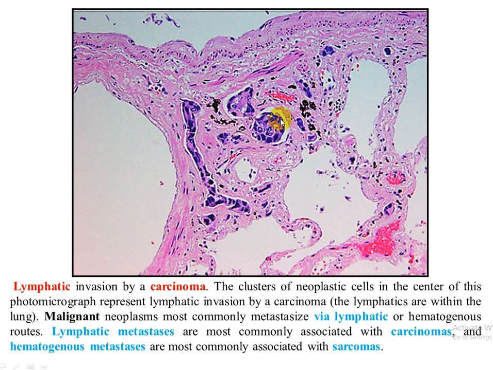The dissemination or metastasis of tumors mostly occurs either through blood vessels, the hematogenous route, or lymphatic vessels, the lymphatogenous route.